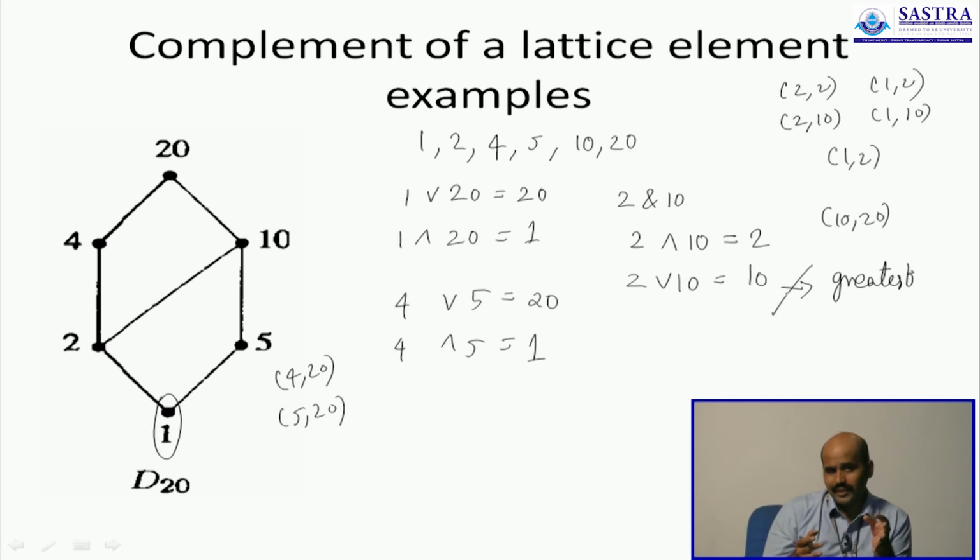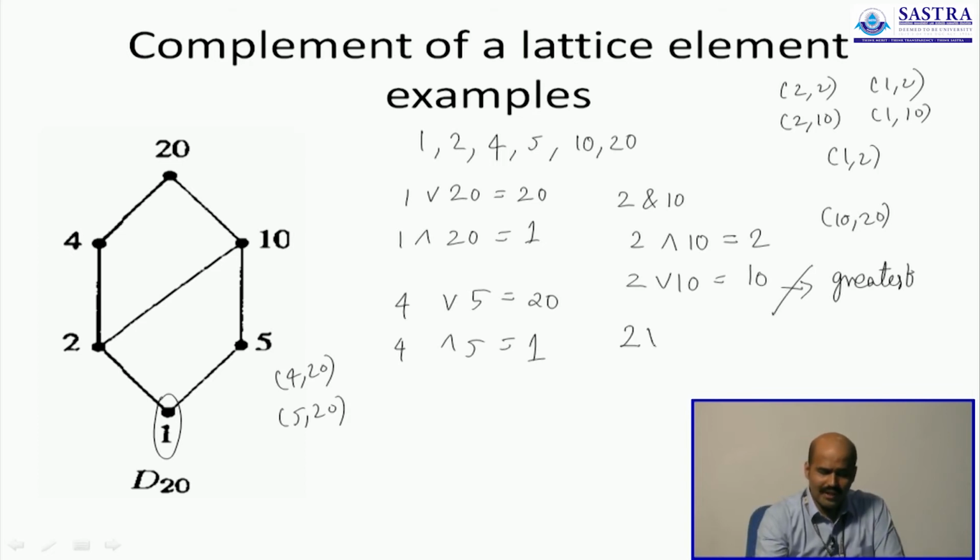Therefore, even though you have least upper bounds and greatest lower bounds for both 2 and 10, because the poset is a lattice, it's only a lattice, it's not any further. You can't call it a complemented lattice because you have elements 2 and 10 which are not complements of each other. The complement of 2 is not defined in this set.